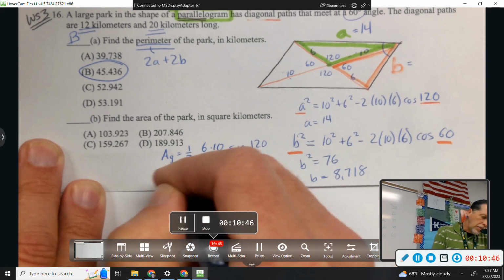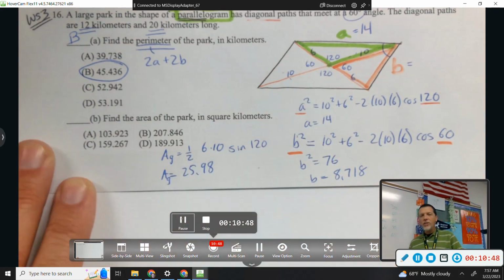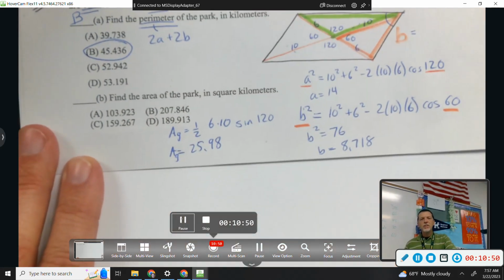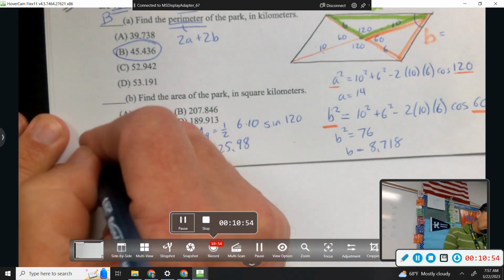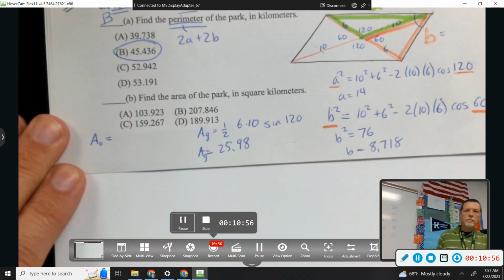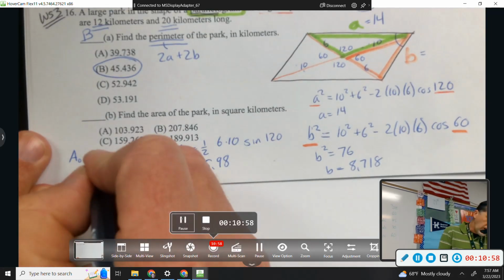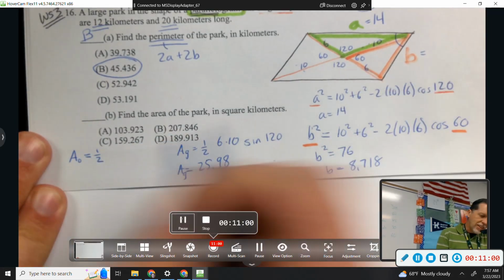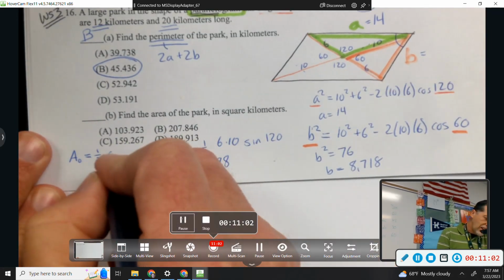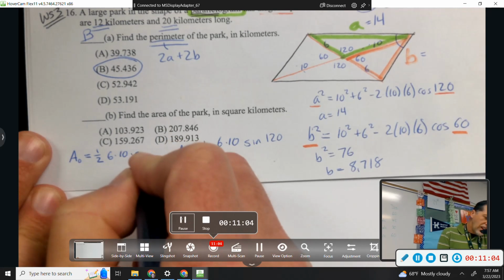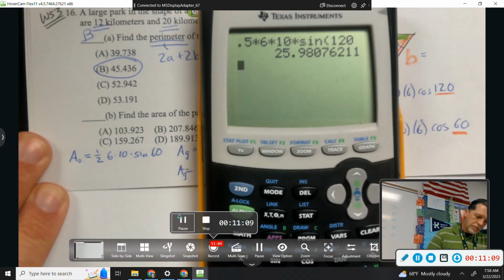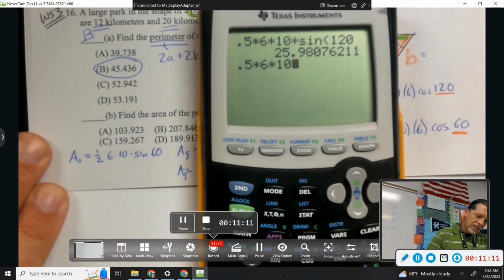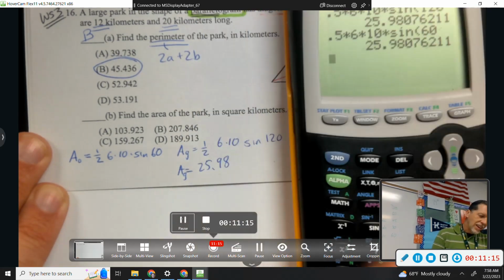Again, be careful, that's only one green triangle, so I'll need two of those, and I'll need two of the orange triangle. So the orange triangle, 1/2, again 6 and 10, and sine of 60, 0.5 times 6 times 10, sine of 60, is the same thing.